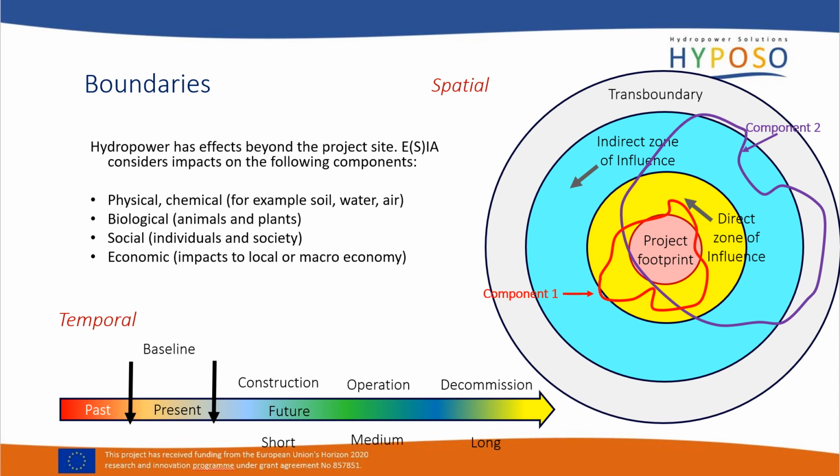And I put here past and present because in some cases, the activities that have happened before might interact with the activities that will occur later and can create other synergistic effects. Then, talking about the future, we need to consider what will happen during the construction, but also the operation and the commission, because some of the impacts might be short term, but some impacts might be long term.